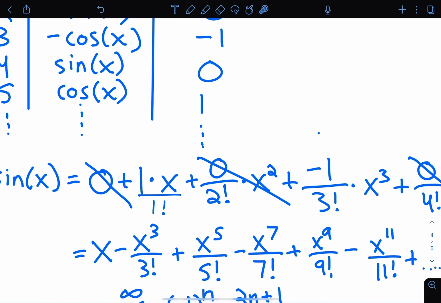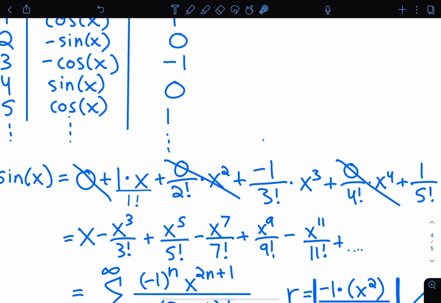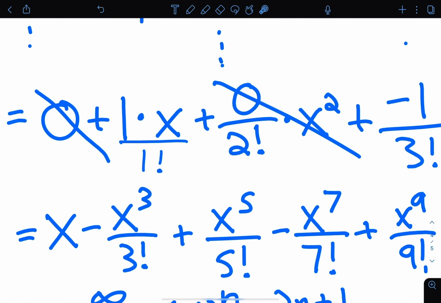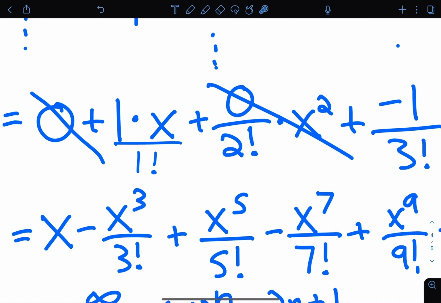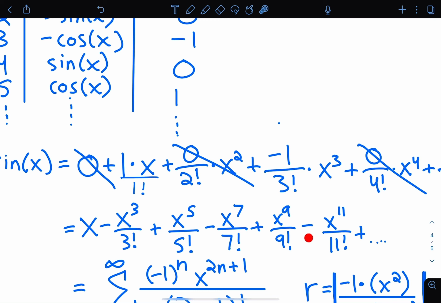And then we alternate signs, because if you look at the pattern for the odd ones, it's going to be 1, negative 1, 1, negative 1, etc. So we're going to have x minus x cubed over 3 factorial plus x to the fifth over 5 factorial minus x to the seventh over 7 factorial plus x to the ninth over 9 factorial minus x to the 11th over 11 factorial plus, and this goes on forever.